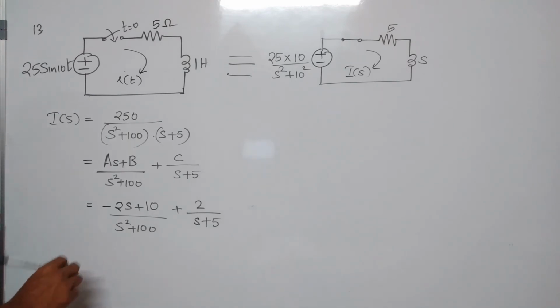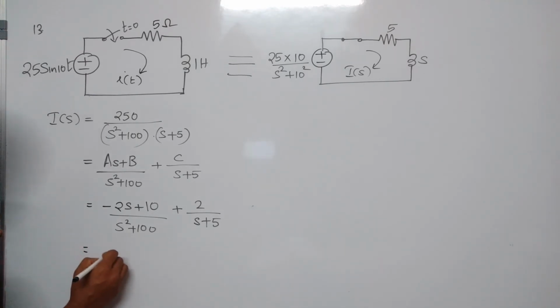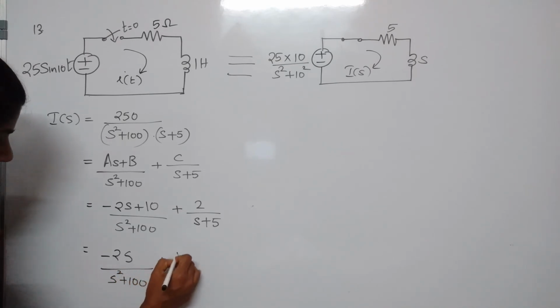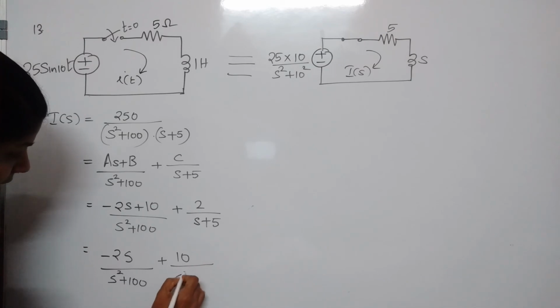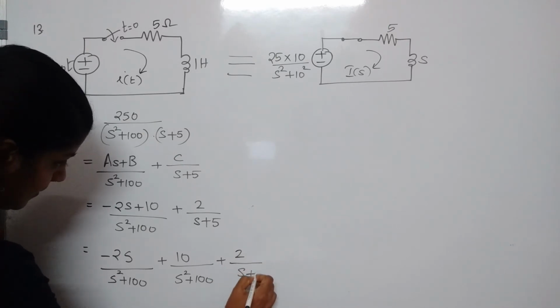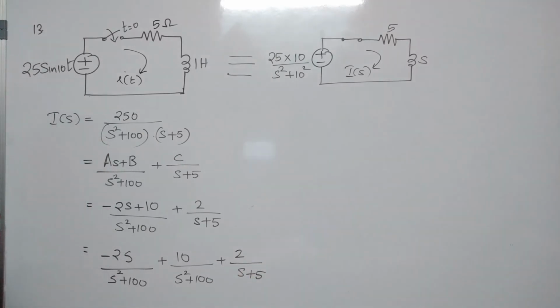Now this can be split as minus 2S by S square plus 100 plus 10 by S square plus 100 plus 2 by S plus 5.